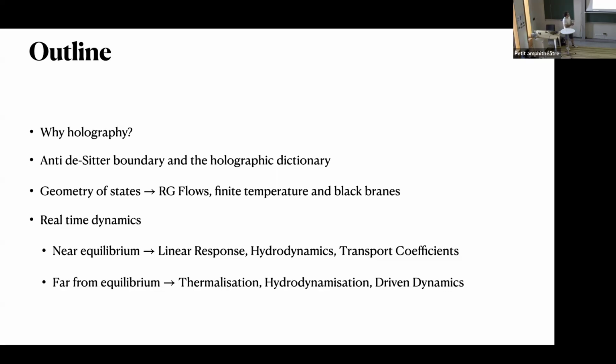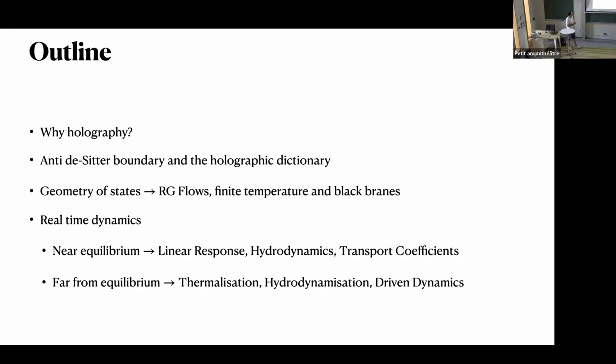And then I will use these pictures to discuss RG flows that you can study with holographic techniques, finite temperature, and what the black brane is, and how the black brane is used to geometrize a finite temperature state in field theory.